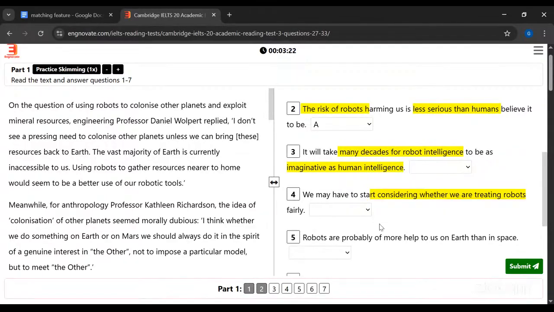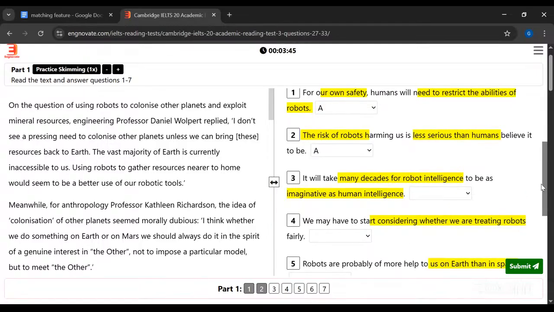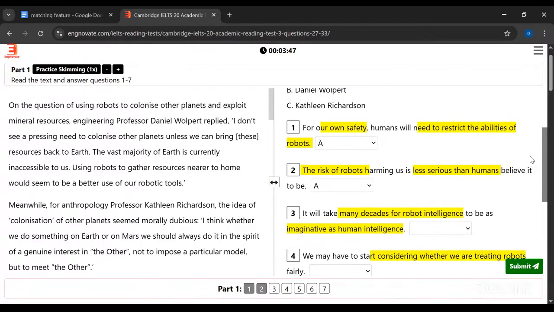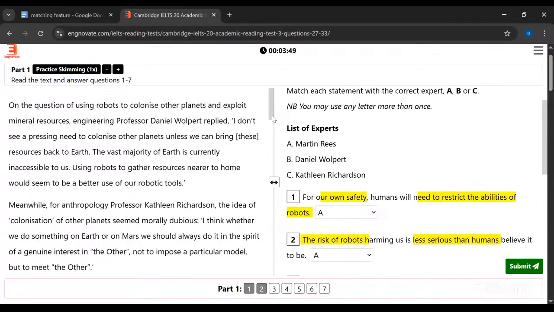Robots are probably of more help to us on Earth than in space. It means they can help us more on Earth. We take a second to understand this one.